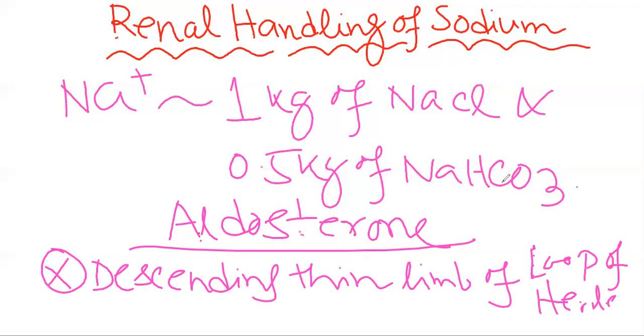Okay, so to understand which parts are actually responsible for sodium ion reabsorption, we have to draw a schematic diagram of the nephron so that we can understand it better. This is the glomerular Bowman capsule, then the proximal part of the nephron, then the descending thin limb of the loop of Henle, which does not take part in the reabsorption of sodium ion.